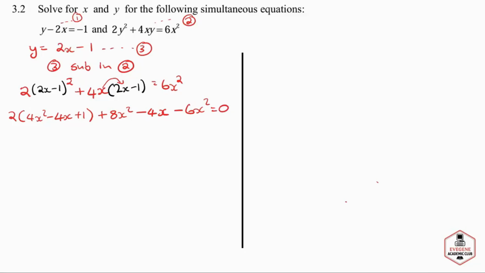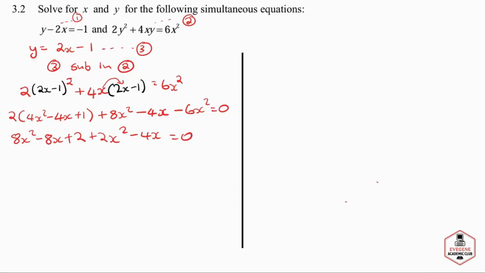Nice. Then we expand that further. We have 8x squared minus 8x plus 2. Then this one here will give us positive 2x squared minus 4x equals 0.